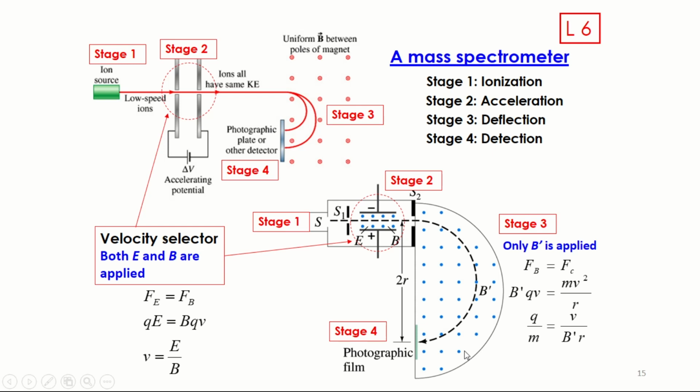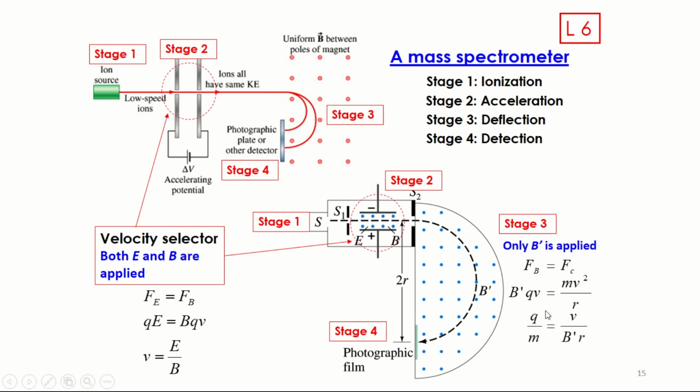So net force for circular motion: FB equals FC, where FB equals BQV and FC equals mv squared over r.